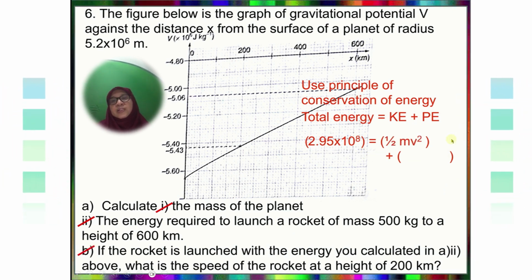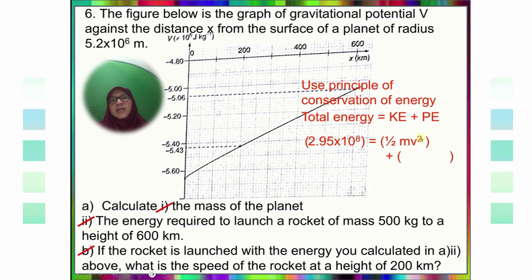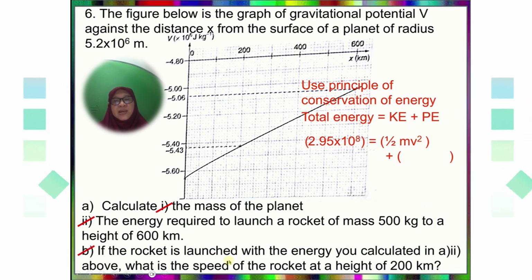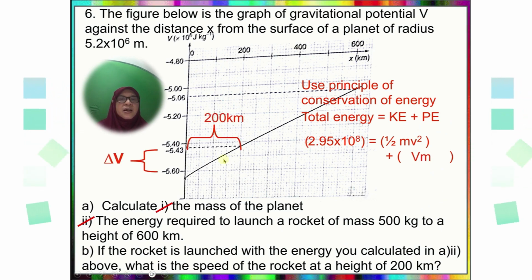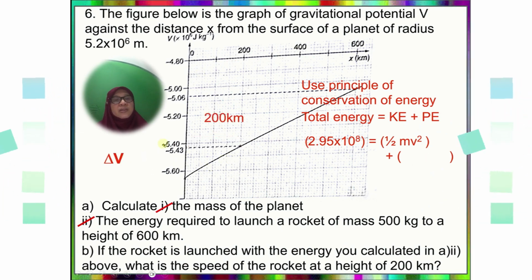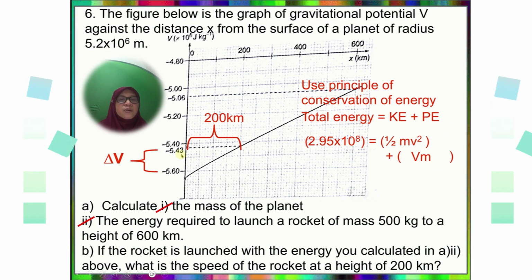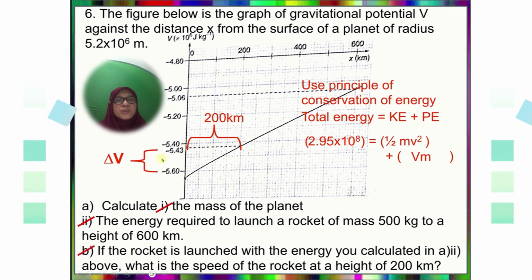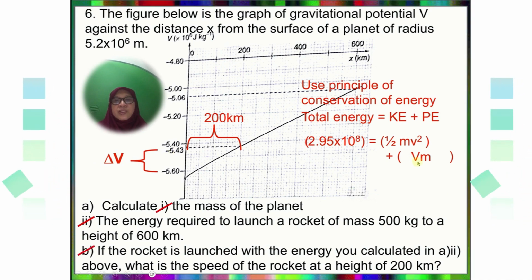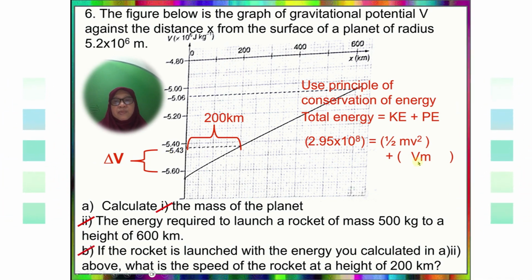So for the kinetic energy, we use half mv squared, where we can find the speed from here. And then for potential energy, we read the reading from the graph, 0 to 200. So that means we can use Vm, the relationship that we used just now in A2.